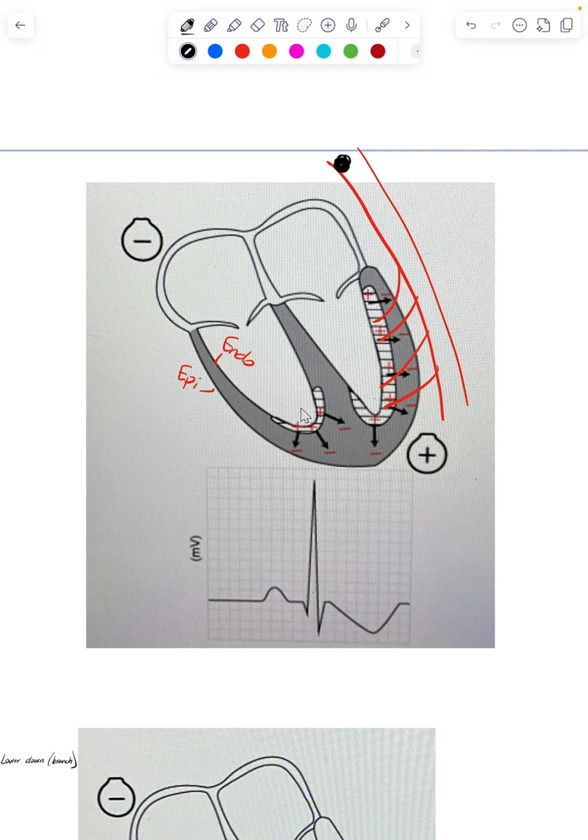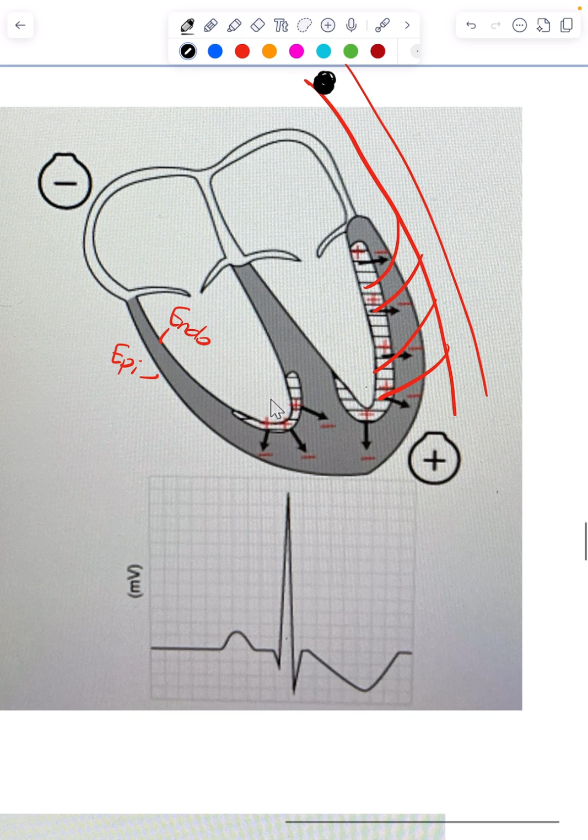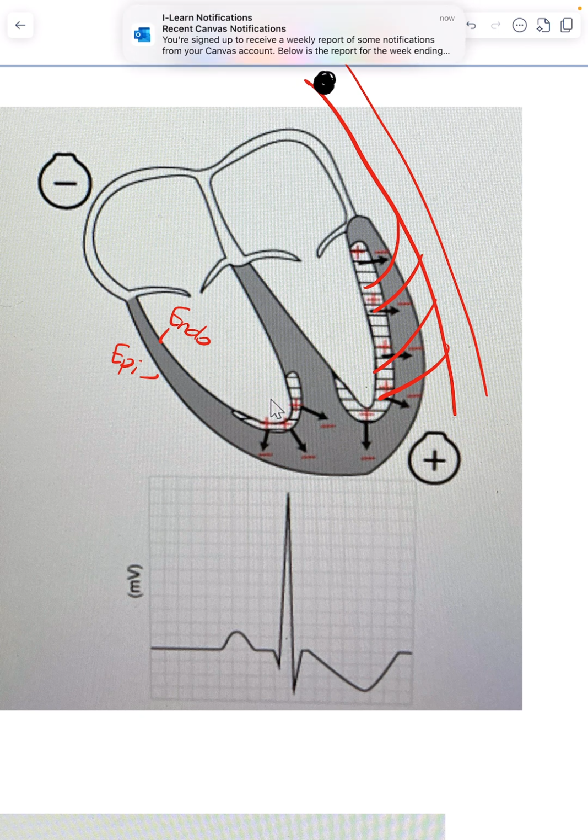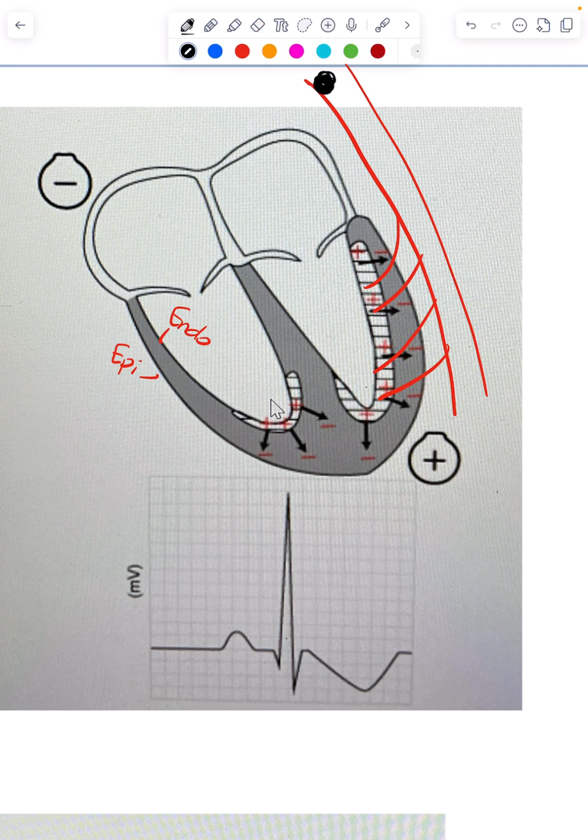And so what's going to happen is, this is looking at the repolarization state, right? What should happen is repolarization should go from epi to endo. But what happens is depolarization goes in the correct way, but then repolarization goes in the incorrect way, going from endo to epi.